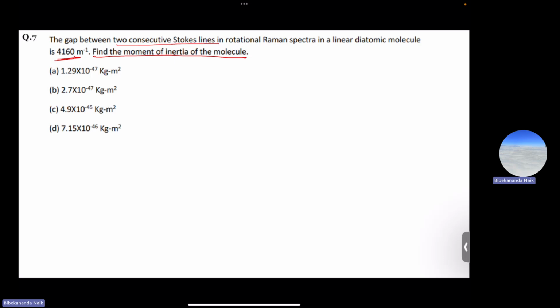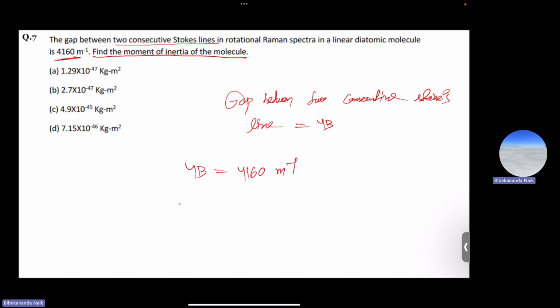So we know the gap between two consecutive Stokes lines in Raman spectra is 4b. Then we know from question 4 that 4b is equal to 4160 meter inverse.